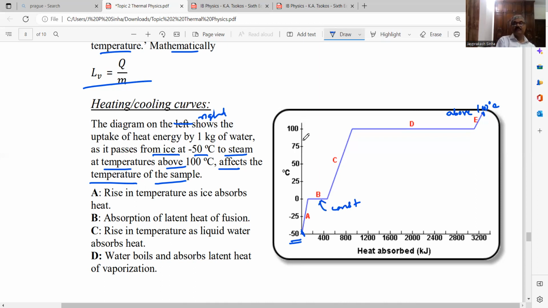The y-axis shows temperature in degrees Celsius, and the x-axis shows heat absorbed in kilojoules. Here the phase is changing from solid to liquid. This is fusion, or melting.